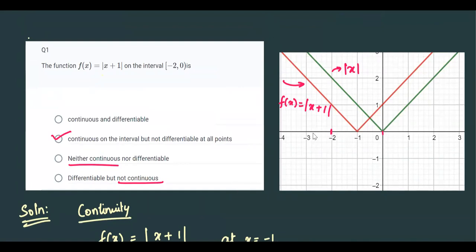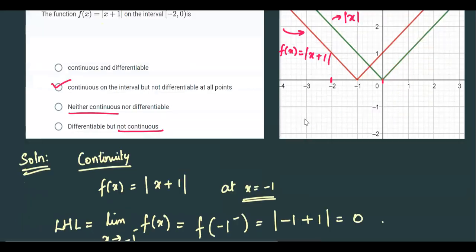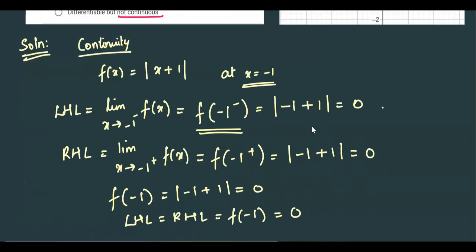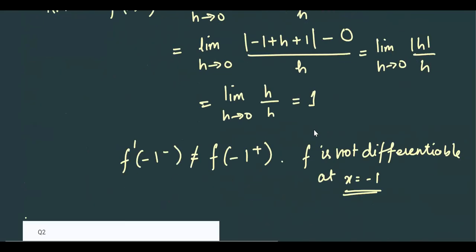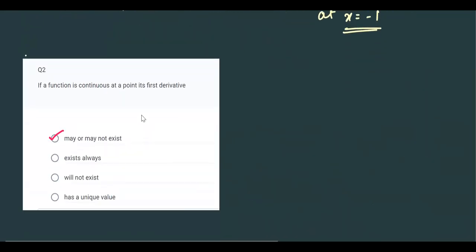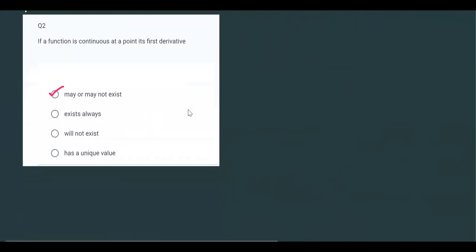Mod of x plus 1 is continuous at x equal to minus 1, but not differentiable at minus 1. So if a function is continuous at a point, it is not necessary that its derivative exists because it can have a sharp corner.